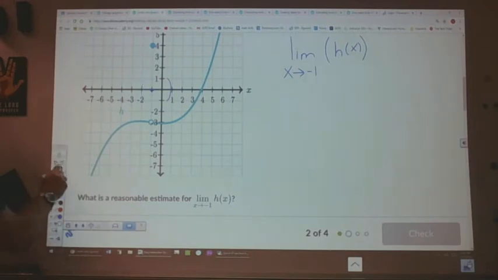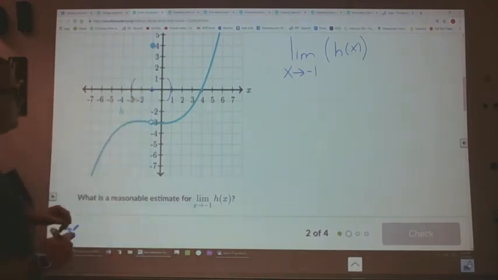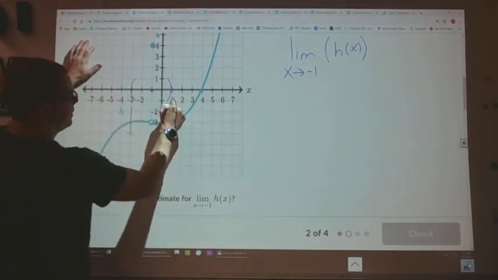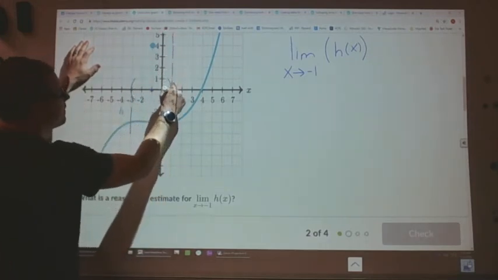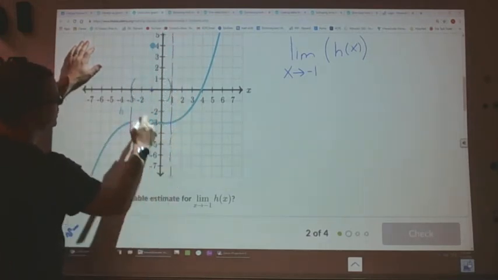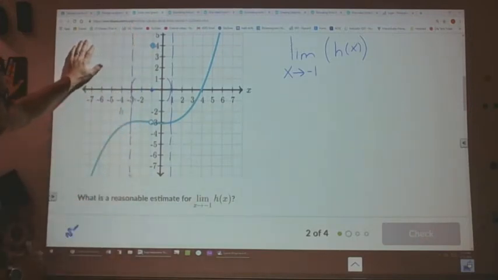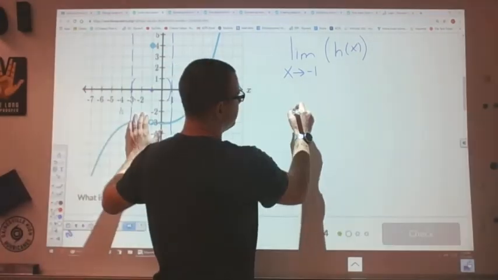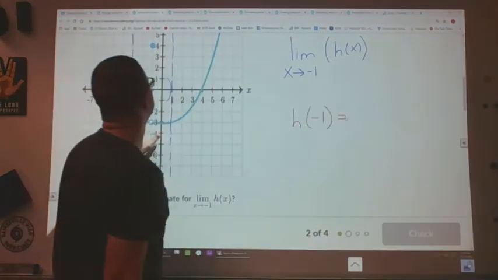Let's make our interval a little bigger on the left, right there. Okay, so I'm going to cut this function here, and I want to look at what the function is doing in this region of the graph. Now, I can tell that h of -1, if I plug it in, is equal to 4.